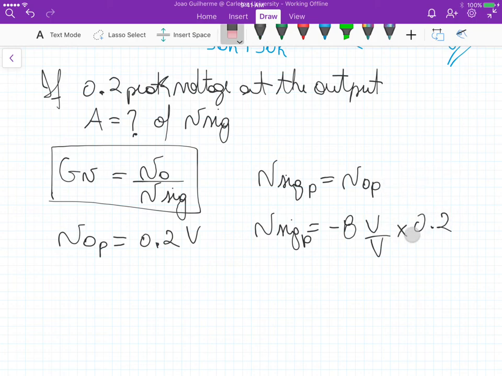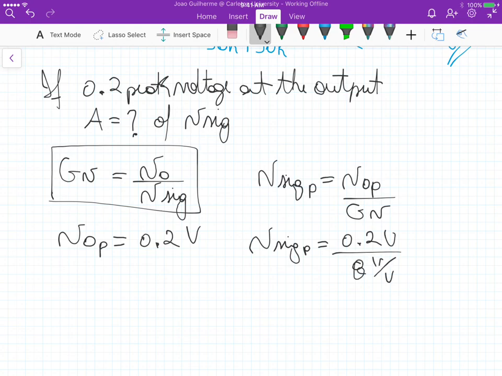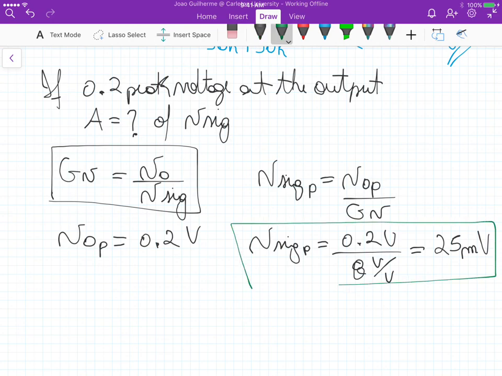It should be divided by the voltage gain. So V signal peak should be equal to 0.2 volts divided by 8 volt per volt, which gives us 25 millivolts. And that's the answer for this part of the circuit.